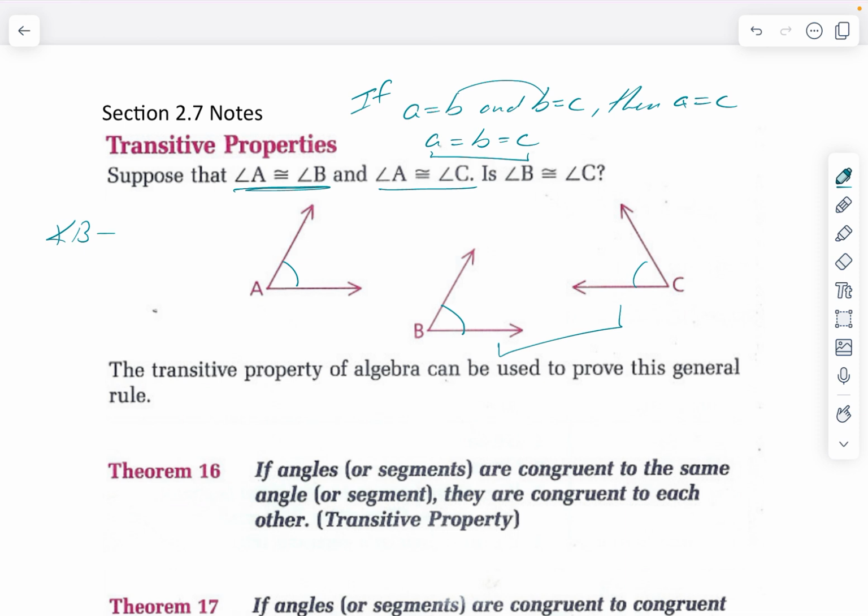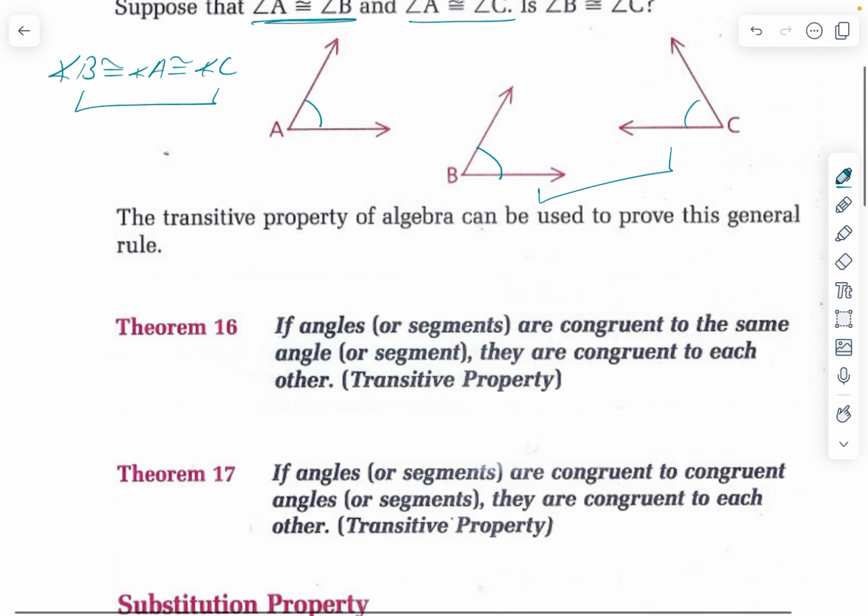In other words, angle B congruent to angle A, and then angle A is congruent to angle C, and we can make that conclusion that angle B is congruent to angle C. So basically, the transitive property works if angles or segments are congruent to the same angle or segment, which we had up above, right? Both B and C were congruent to A, then they're congruent to each other. So you don't need to write all those words out. You can just say transitive property or trans prop.